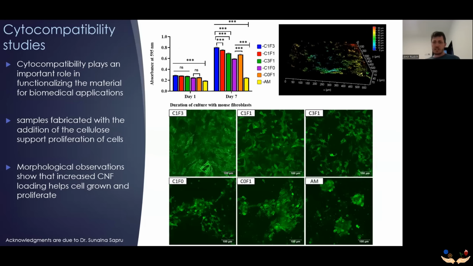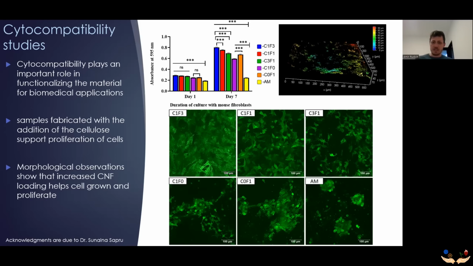So in this case, we actually took all the different ratios that we had and compared them to the base material acrylamide alone, AM, here in the yellow samples. And what we saw is that while acrylamide alone can only facilitate very, very small cell growth for a period of 7 days, and the cells are all clumped together and don't really, let's say, like the environment.